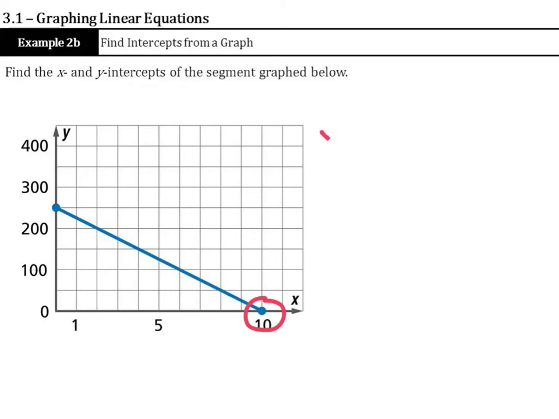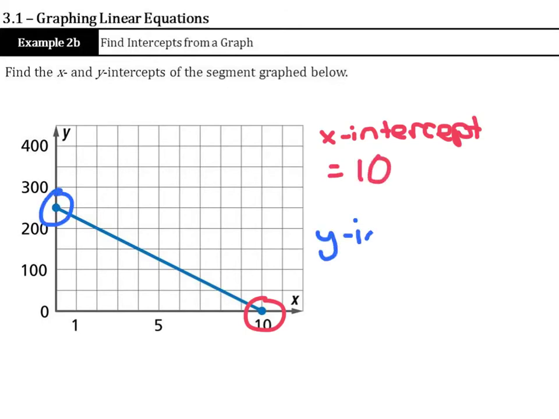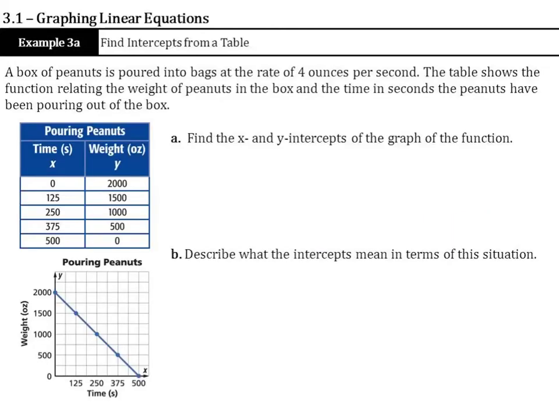So our x-intercept is 10, and our y-intercept, if we look at how the graph is going up, it's counting up by hundreds on the side, but then there's one in between, so that means 50, so our y-intercept is going to be 250.